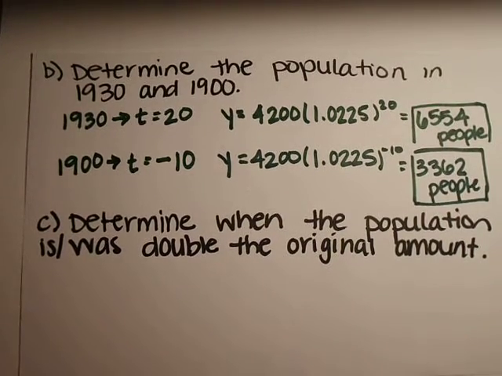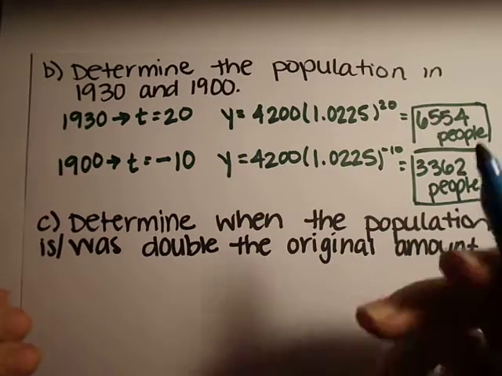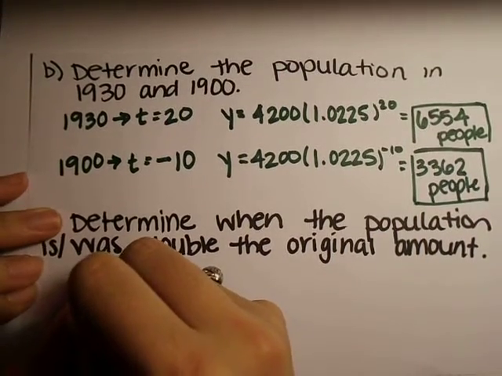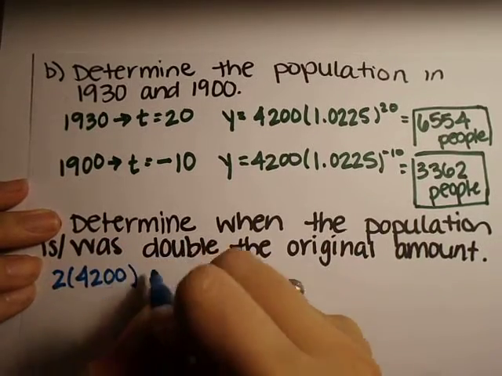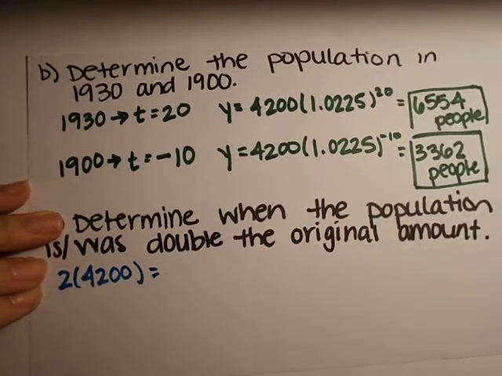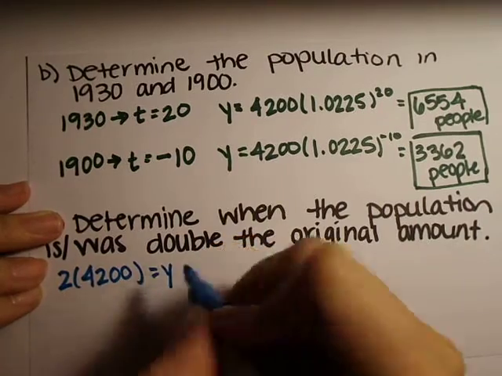Now my last question is determine when the population is or was double the amount. So I'm going to take my original, which was 4,200, and I'm going to double it. I want to know when that's my population, so when that is y.